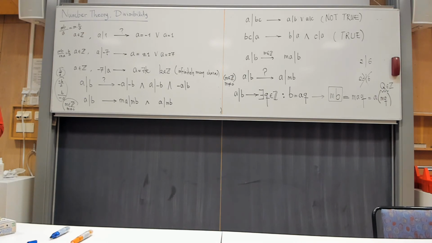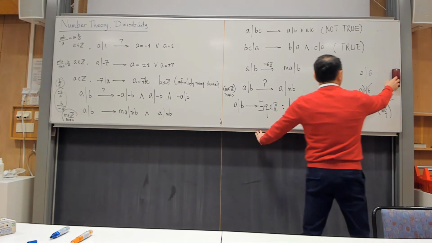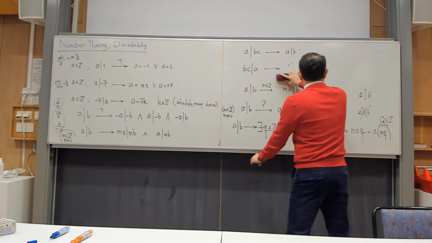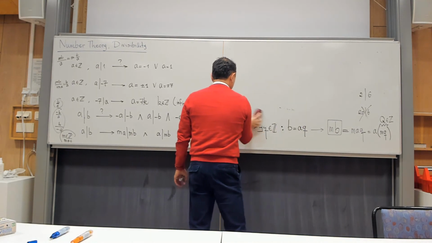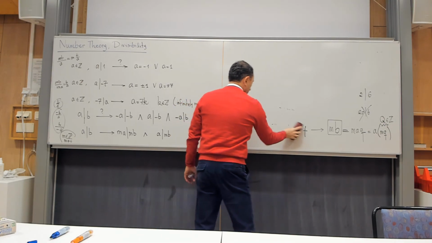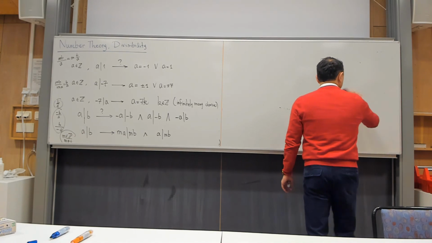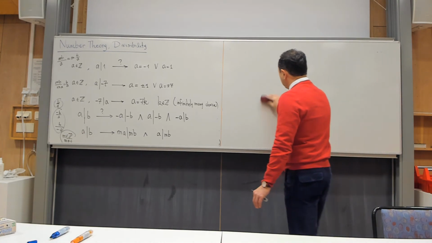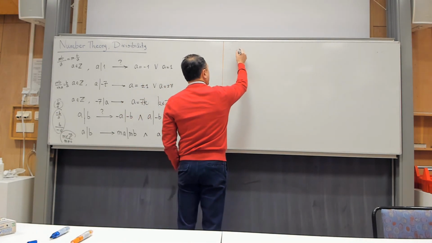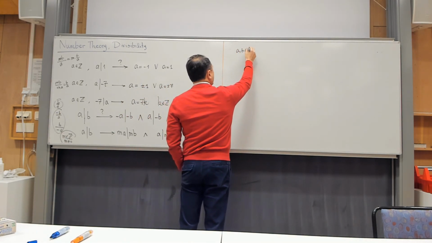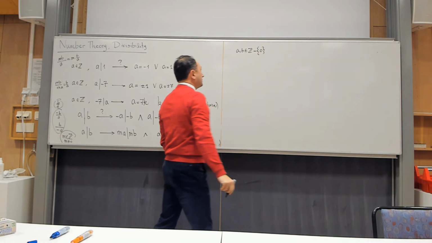We have reached some point. Okay, so let me ask you one question. If I tell you that a and b are integers, not zero integers, like by the way, we know set theory, so I can write Z minus 0.